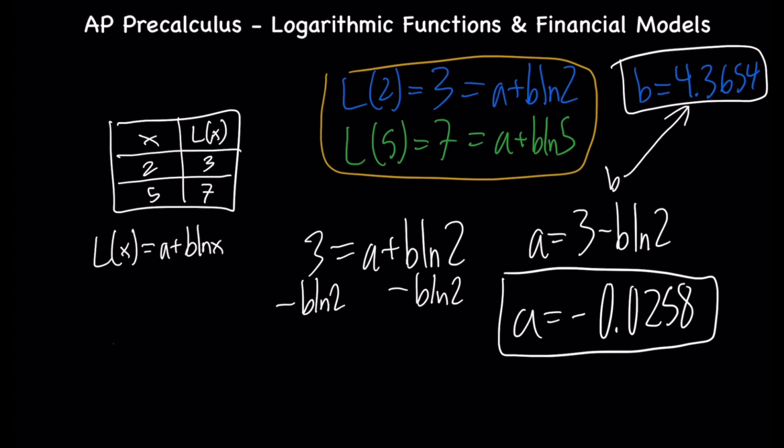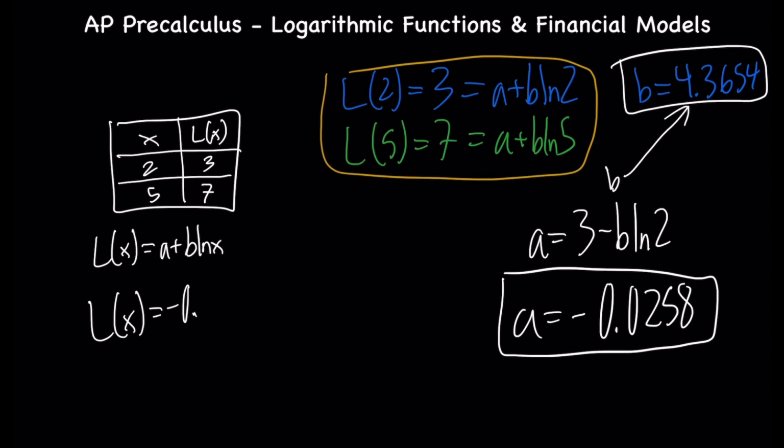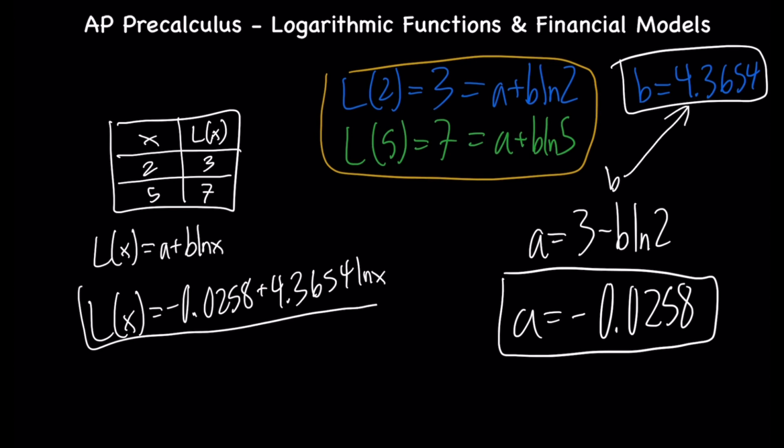And so for your equation, you're going to have L of x equals negative 0.0258 plus 4.3654 ln x. And this would be your equation. So that's kind of the rundown of logarithms for natural log.